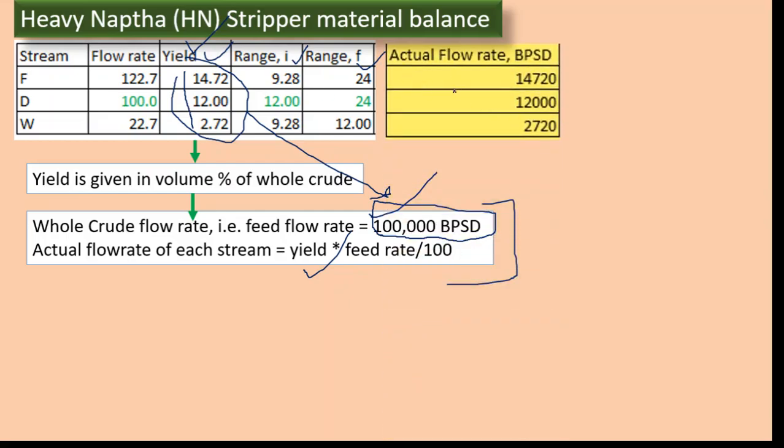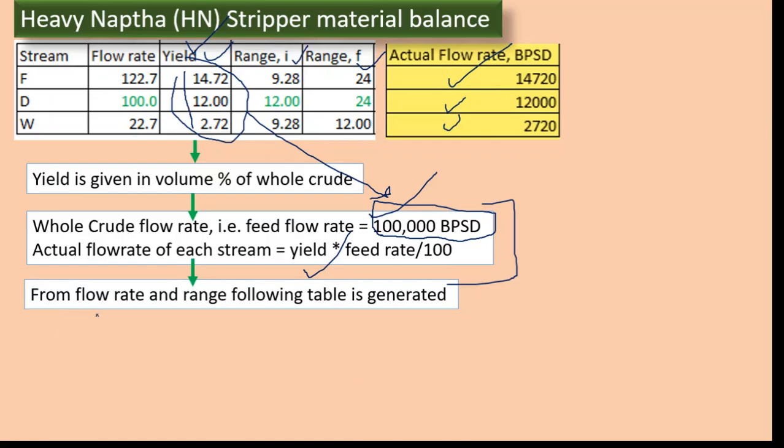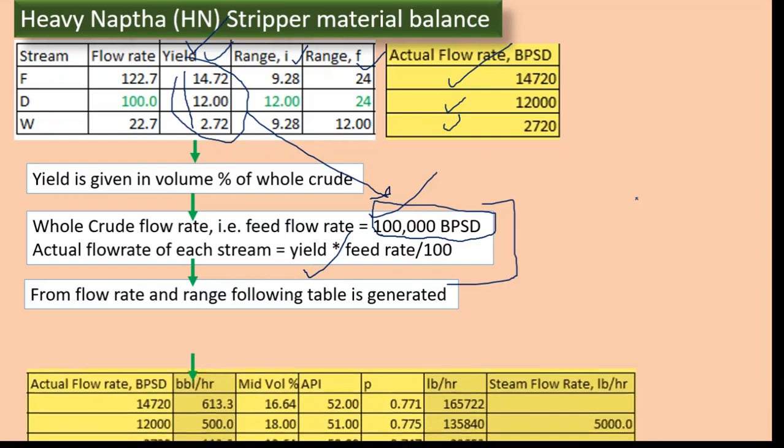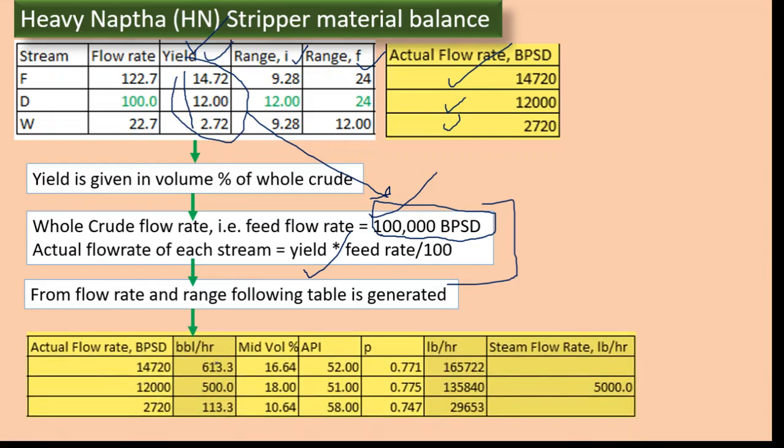So let us do the calculations for F, the heavy naphtha stream, for D and for W. All these three streams are calculated with the help of the yield. Now, from the flow rate and the range we can develop the following table, where we have to find the flow rate in pounds per hour and in barrels per hour. These two are our objectives.